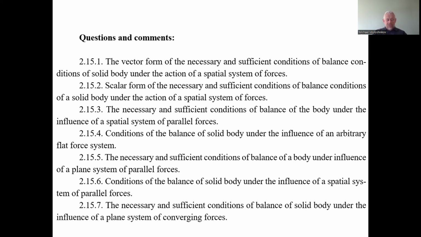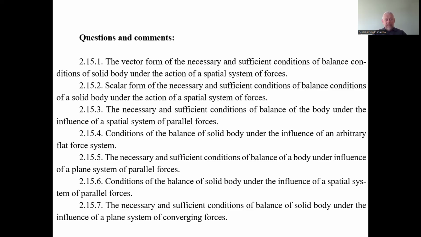In this case, they do not cause a rotating moment relative to this point of intersection, as we know that forces do not cause a rotating moment if the point of rotation is on the line of action of the force. So for all forces in the convergent system of forces, the rotating moment condition we do not consider as necessary and sufficient.